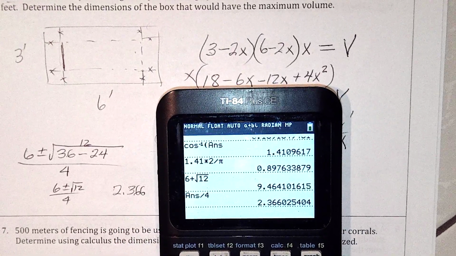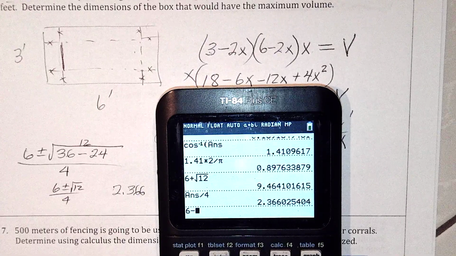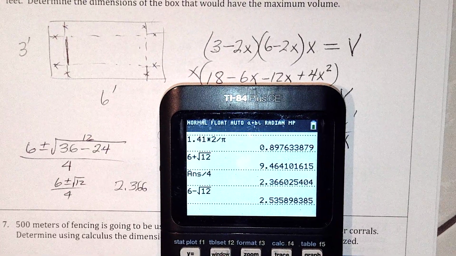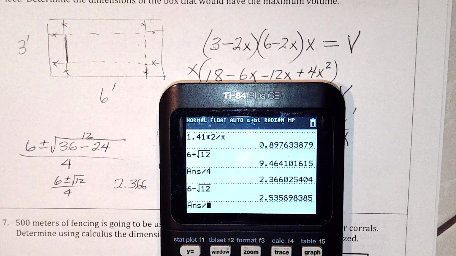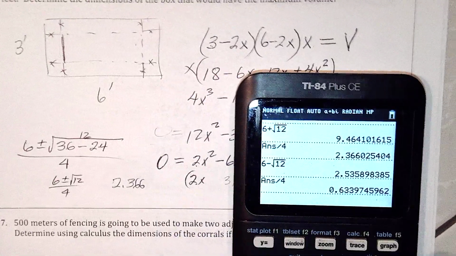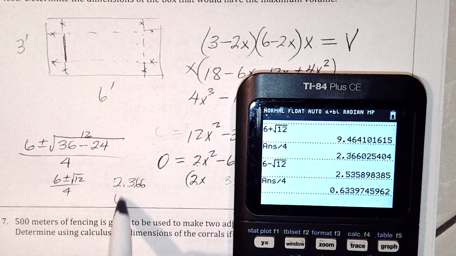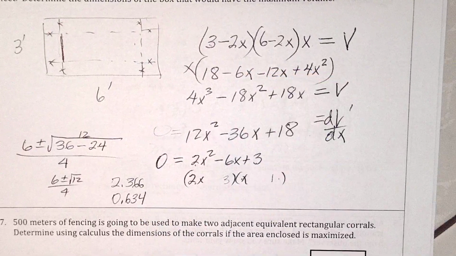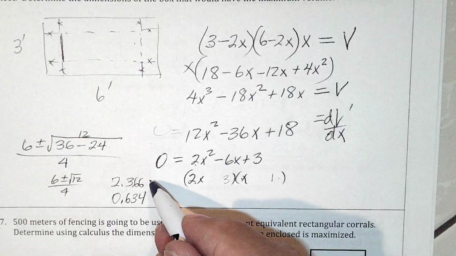The other possible answer is 6 minus the square root of 12 divided by 4, which is 0.634 feet.